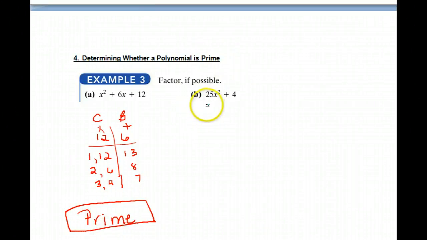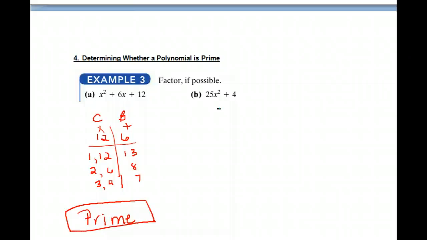Letter B, we look at this in the beginning and think, ooh, this looks like it's some type of perfect square thing. 25x squared is a perfect square. 4 is a perfect square, but they're being added. We don't have a rule for perfect squares that are being added. We only have a rule for perfect squares that are being subtracted.